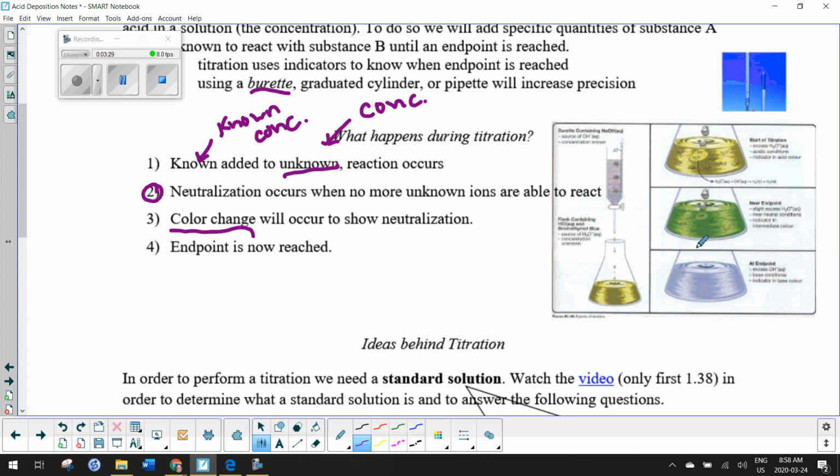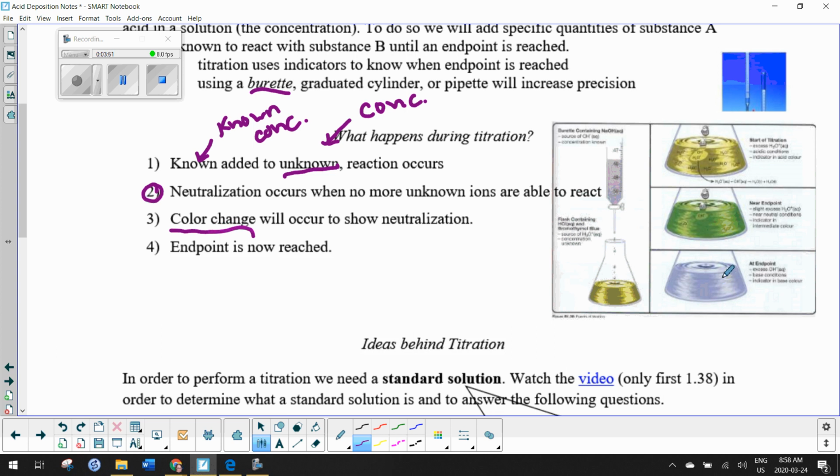If you look to the side here, we have three different colors. This is at the start of the reaction, so we had a yellow solution. We started adding our unknown from this burette right here, and it turned green. This is where your endpoint has been reached, and usually we will stop here.